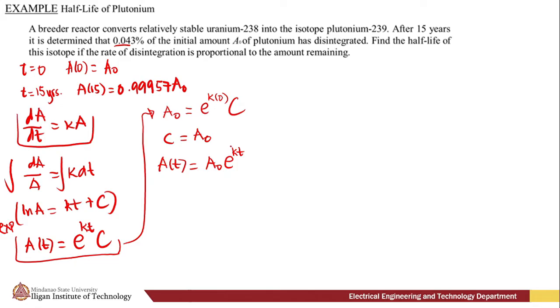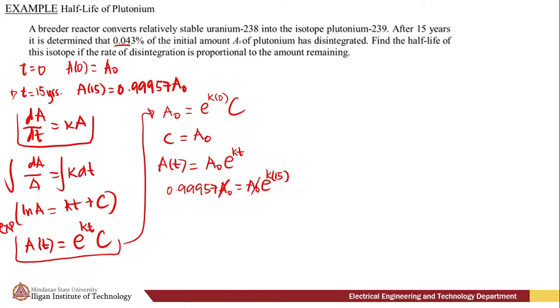Now to find the value of k, we're going to apply the second condition. At t equals 15 years, the amount left of our uranium-238 is 0.99957 A sub 0 equals A sub 0 e raised to k times 15.